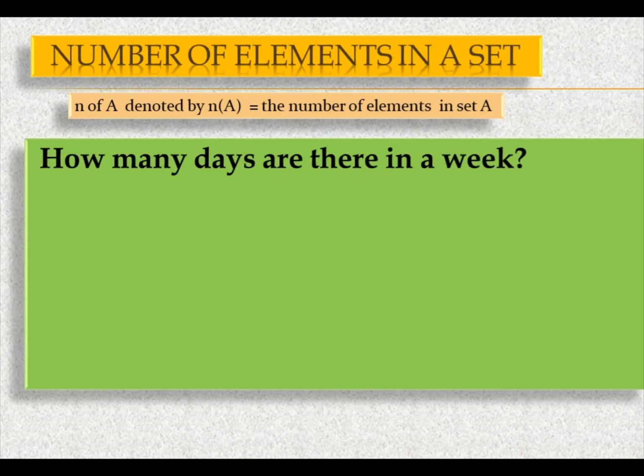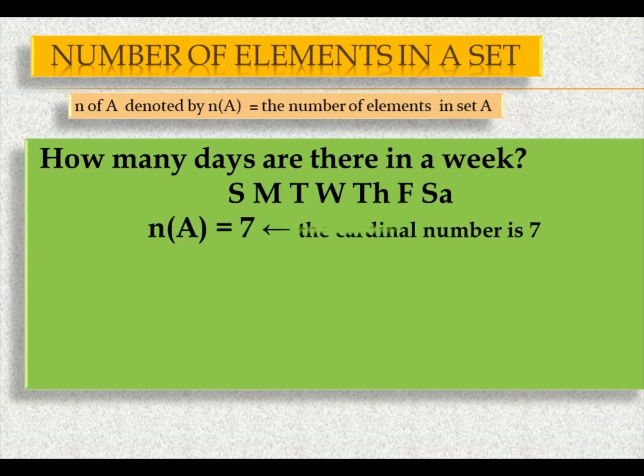We have Sunday, Monday, Tuesday, Wednesday, Thursday, Friday, Saturday. n(A) = 7, read as the number of elements in set A is 7 and the cardinal number is 7, or you can read it also as the cardinality of set A is 7.